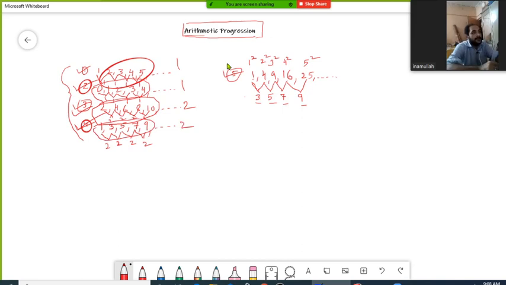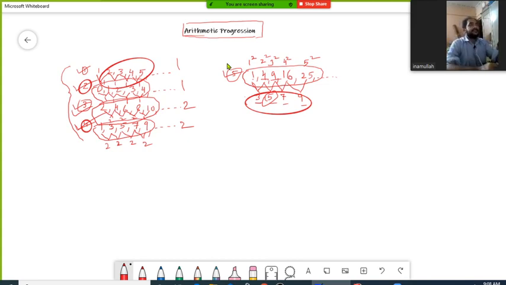But in the case of these numbers 1, 4, 9, 16, 25, they also followed a rule. This is also a sequence. But when you subtract the first term from the second, the difference is 3. When you subtract the second term from the third, the difference is 5, right? So these differences are not the same. Every time you get different differences on subtracting two consecutive numbers.